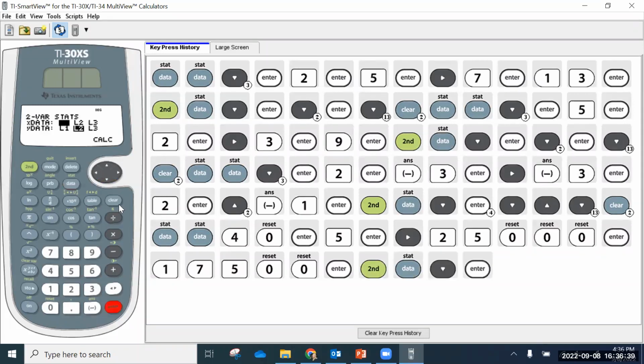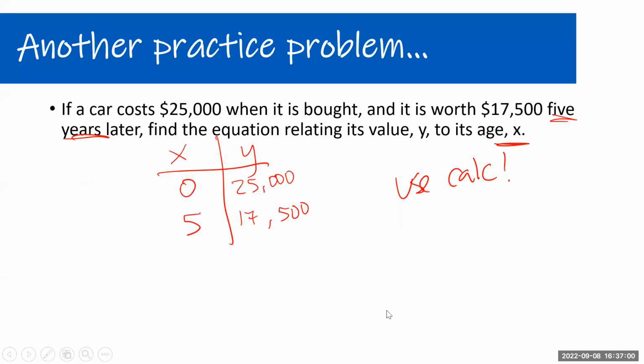2 variable. All of that's good. And scroll down. Here we see that A is negative 1,500 and B is 25,000. So we can go back and write our equation.